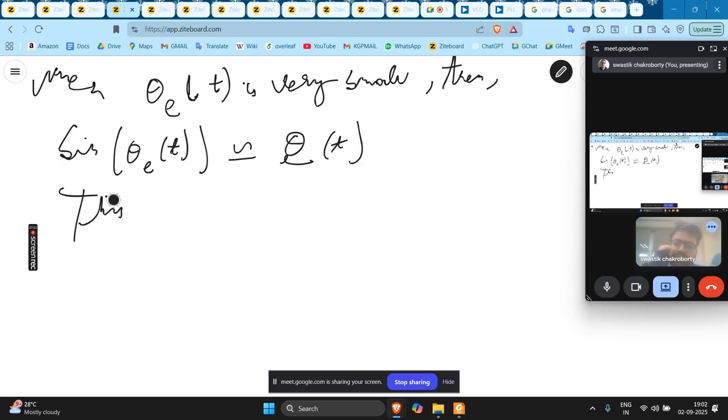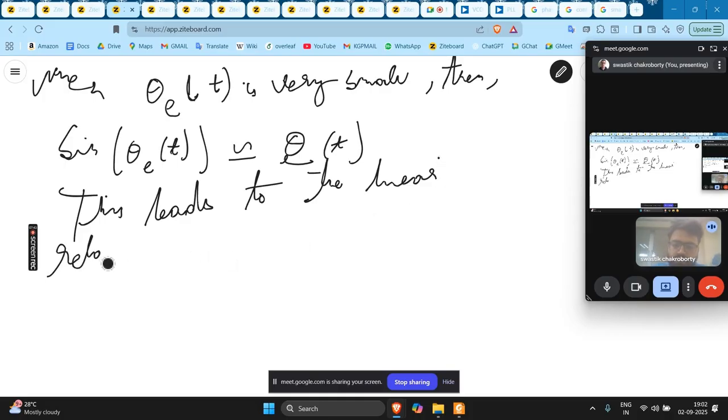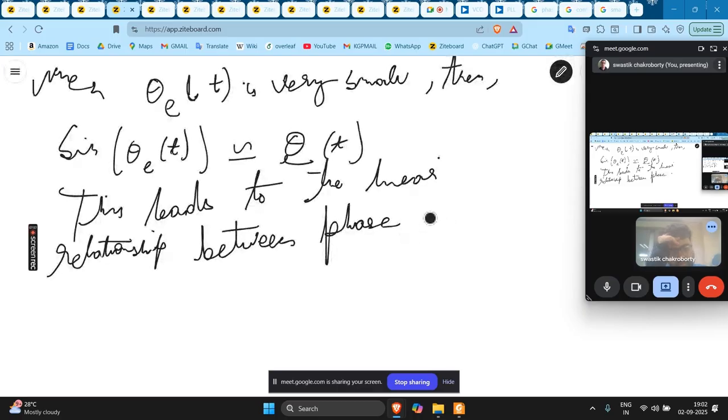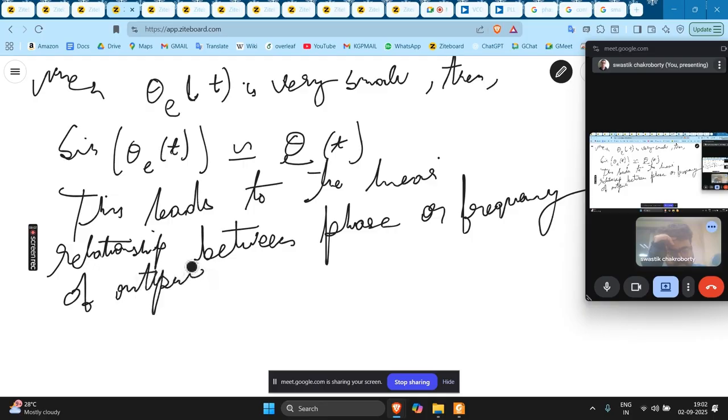This leads to the linear relationship between the phase or frequency of the output and the input voltage.